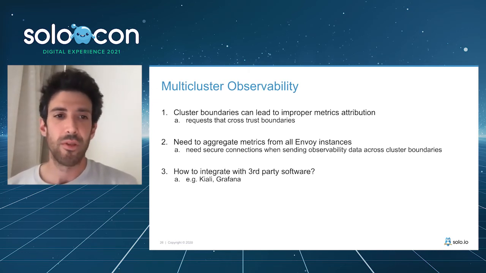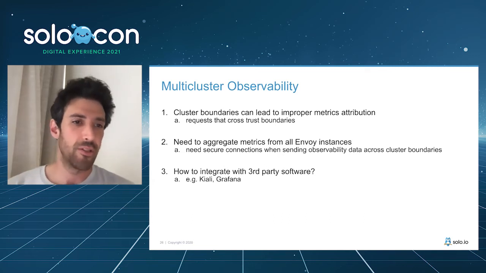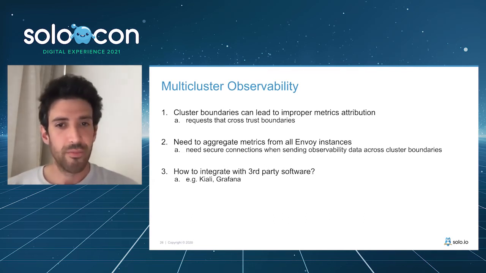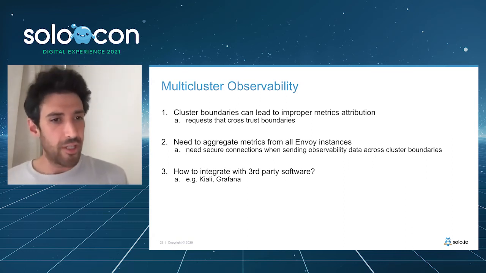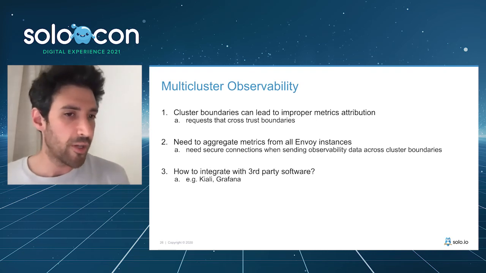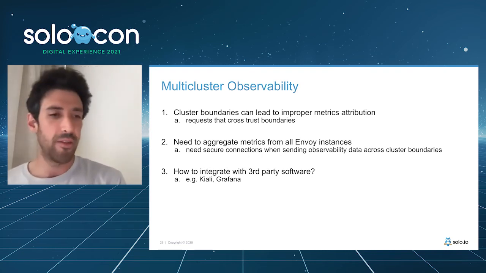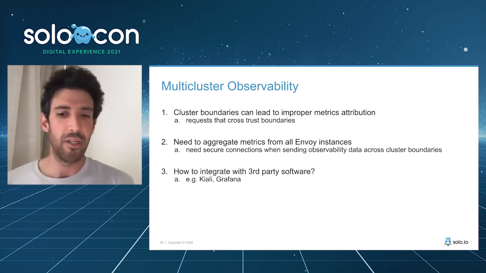But this aggregation question still becomes more challenging when dealing with large environments. And finally, another question is how to actually integrate into third-party tooling. So once we've actually figured out how to aggregate the metrics, how do we then provide those to tooling like Kiali and Grafana to get more visibility into our system?